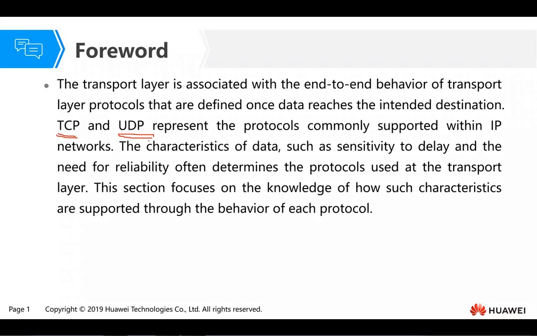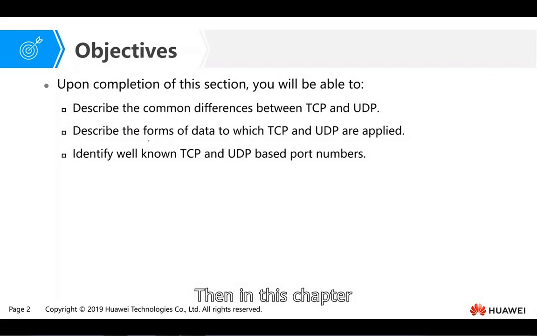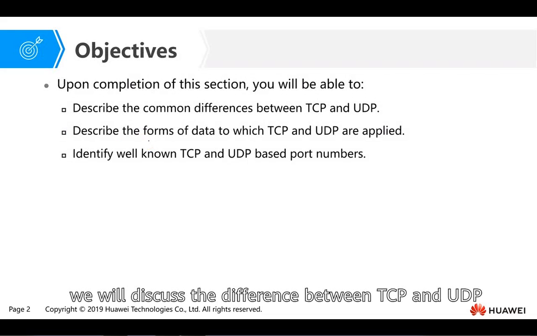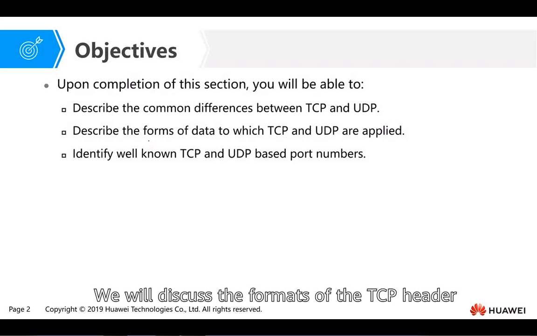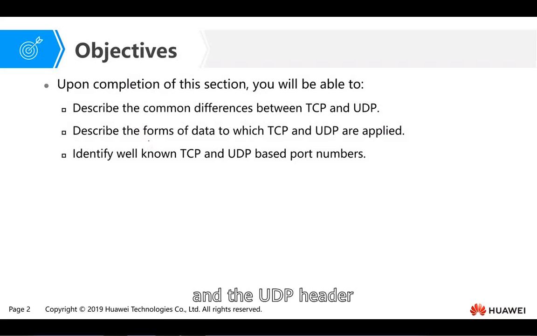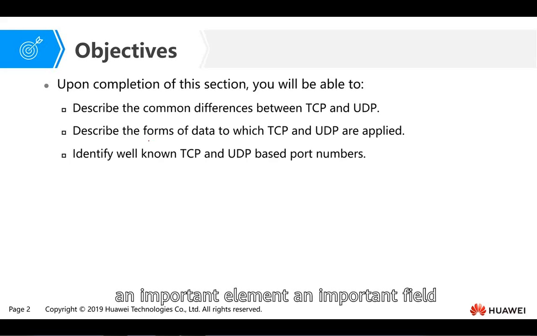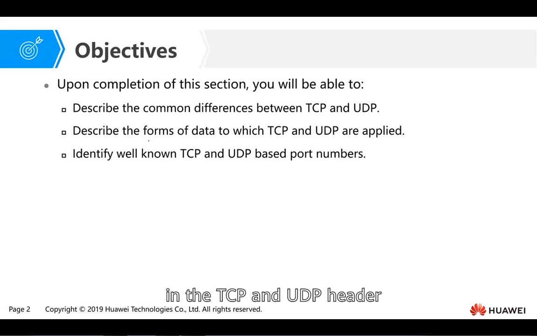In this chapter, we will discuss the difference between TCP and UDP, and we will discuss the format of the TCP header and the UDP header, and we will understand the port, the important field in the TCP and UDP header.